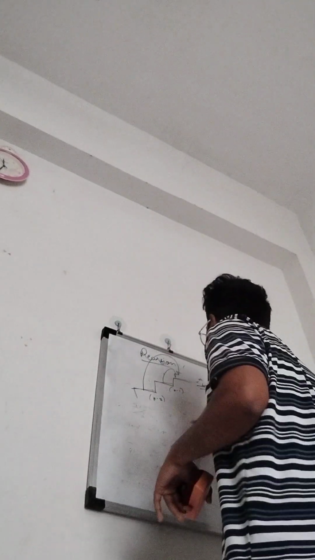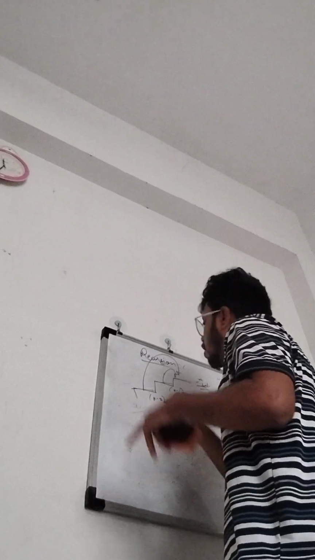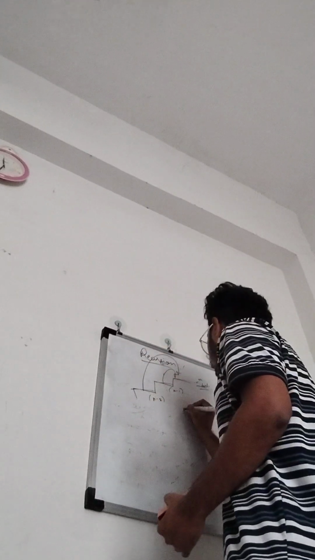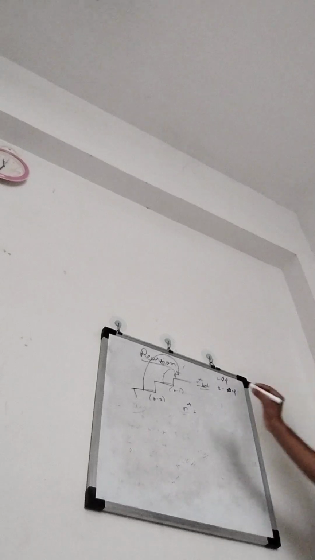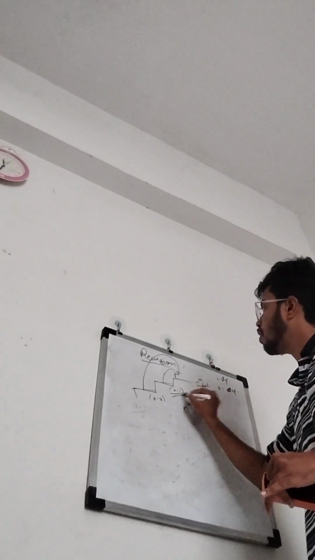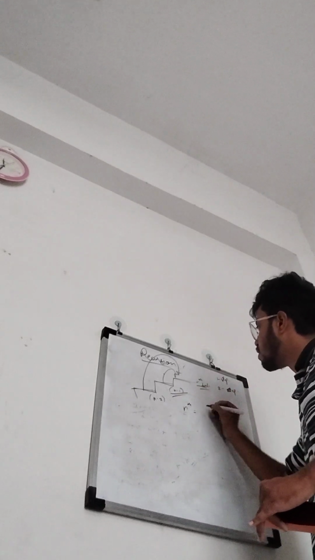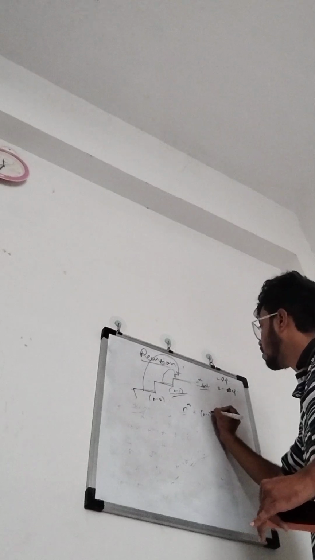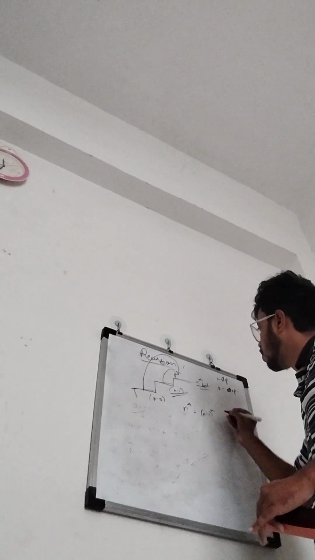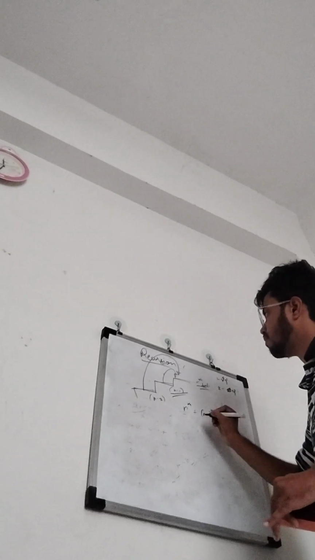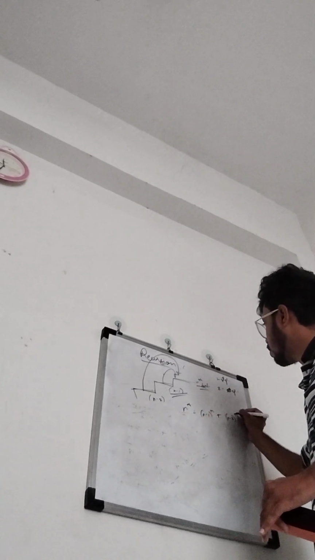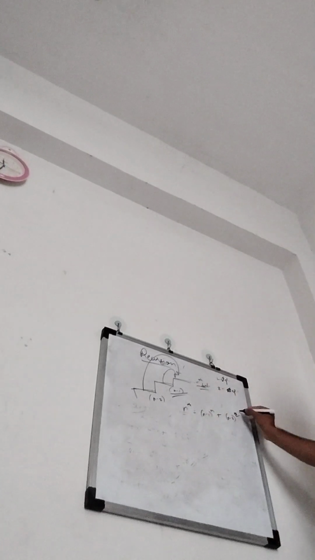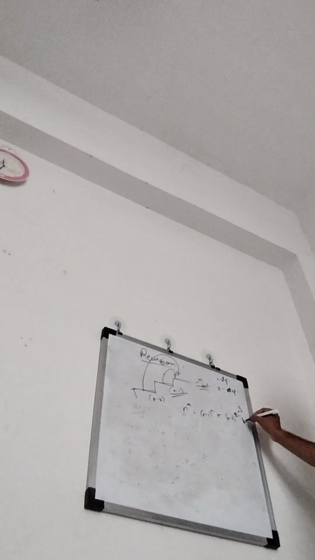Fine. Then, so can I say the number of ways to reach at nth level equals the number of ways to reach at n minus 1th level, or the number of ways to reach at n minus second level?